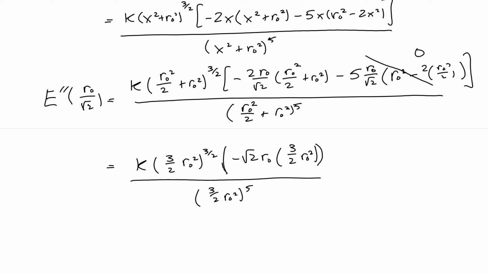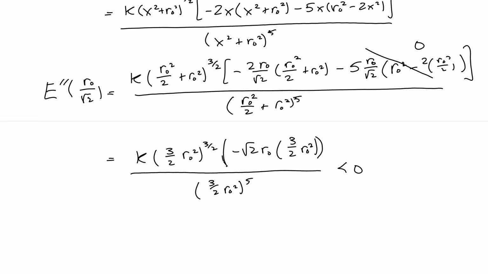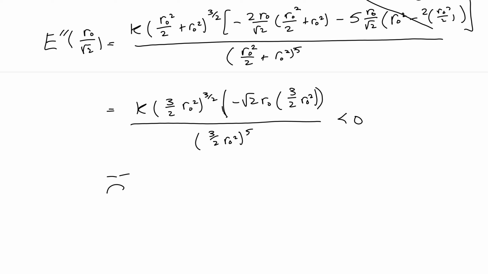So notice everything is positive here except for that negative. So this is less than 0. So less than 0 looks like this. So x equals r0 over square root of 2 gives a maximum for E.